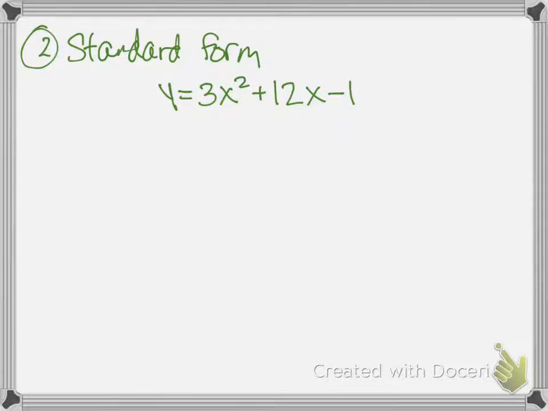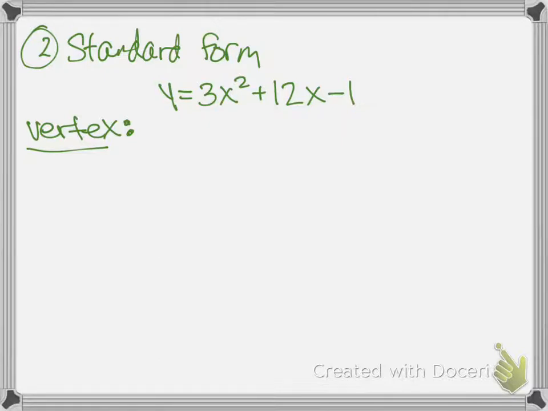So what you could do here to find the vertex is change the format so that it's in factored form. You could solve it by factoring, change it to factored form, and then go through those steps on the last slide. What I want to do is show you guys a different way.